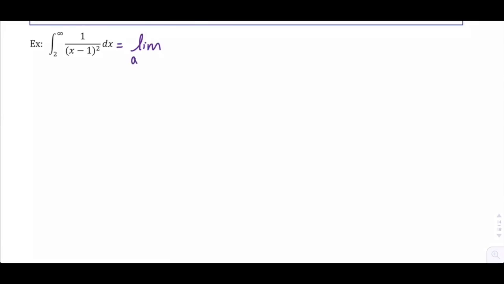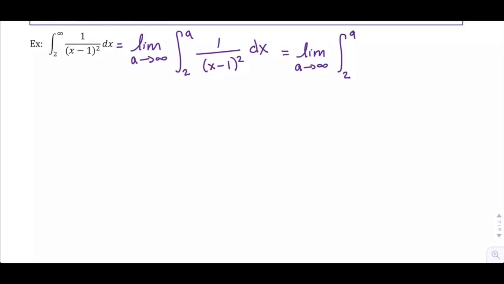I tend to use a, as a goes to infinity of the integral from 2 to a of 1 over x minus 1 squared dx. We could think of that as the limit as a goes to infinity of the integral from 2 to a of x minus 1 to the negative 2 power dx.